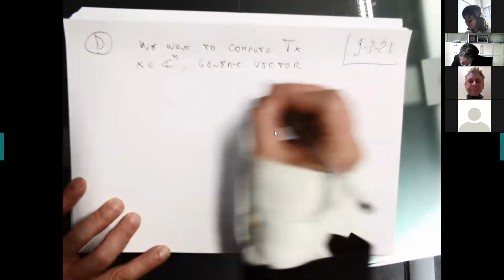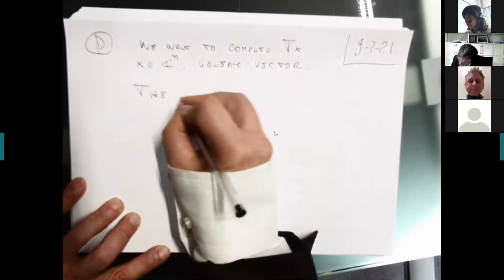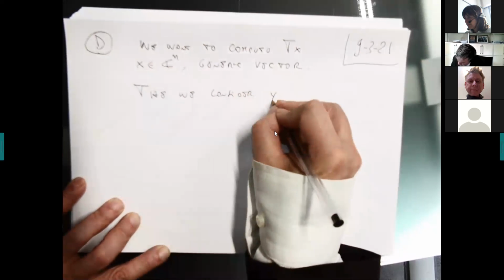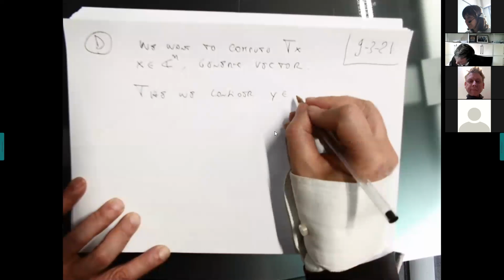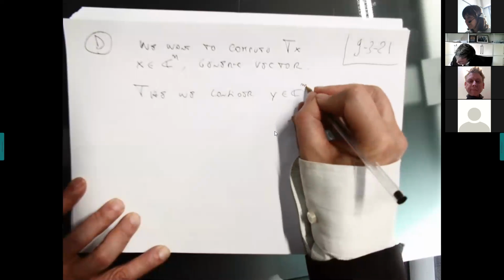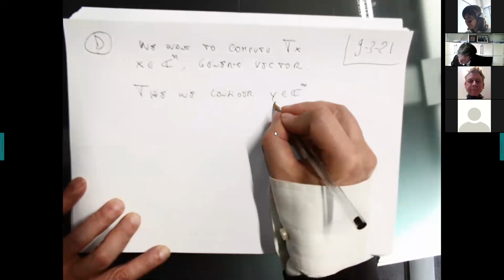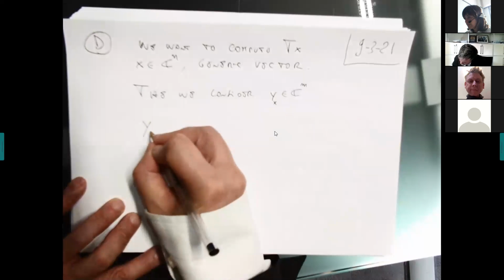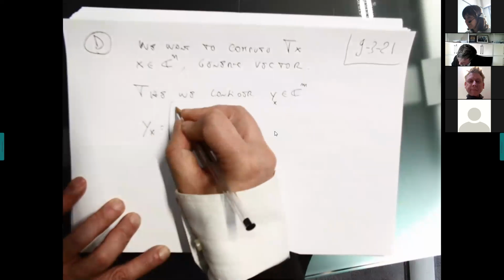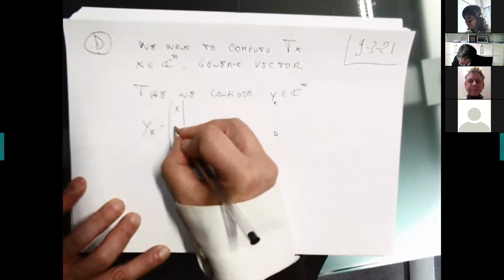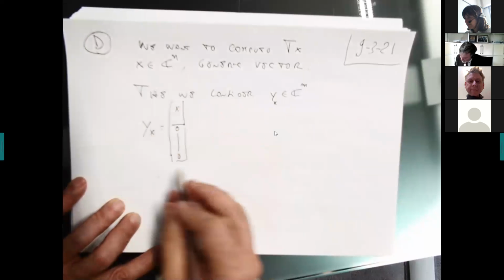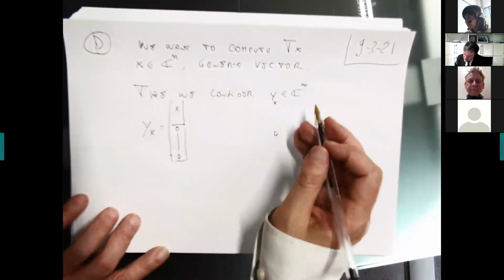Then we consider the vector Y belonging to C^m and depending on X constructed in this way. On the top, there is X, and then there are zeros until the size M.